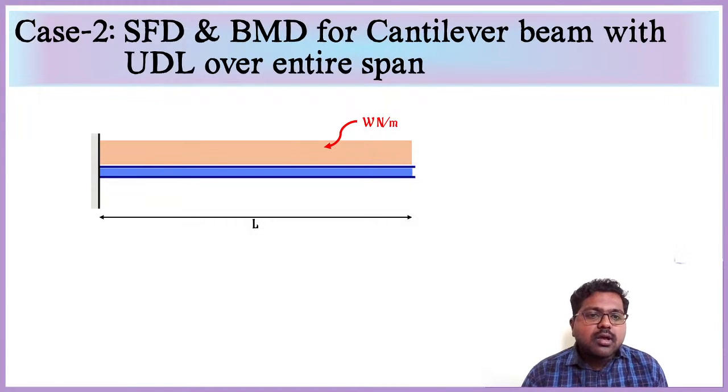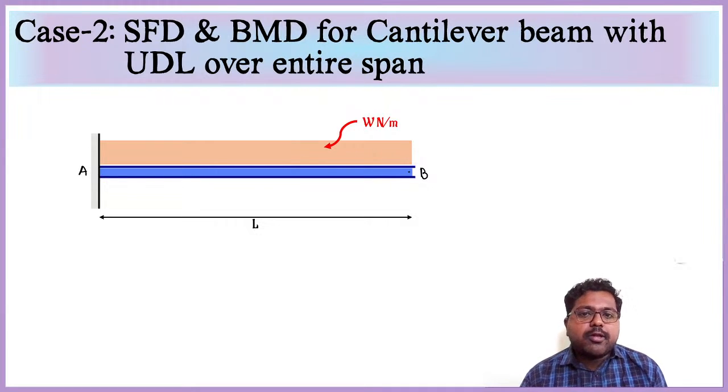See, this time I am taking the same cantilever beam AB, which is of length L, but the loading condition is different. Previously, we had a point load of intensity W acting at the free end B. But this time, we are making a modification: the entire beam is subjected to a uniformly distributed load of intensity W Newton per meter.